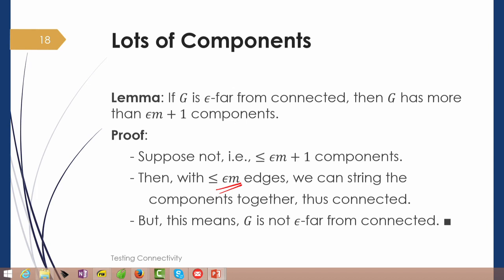But this would mean that the graph G is not epsilon far from connected, because epsilon far means we require more than epsilon m edges for connectivity. So this establishes the contradiction that we are seeking, and therefore we can conclude the lemma.